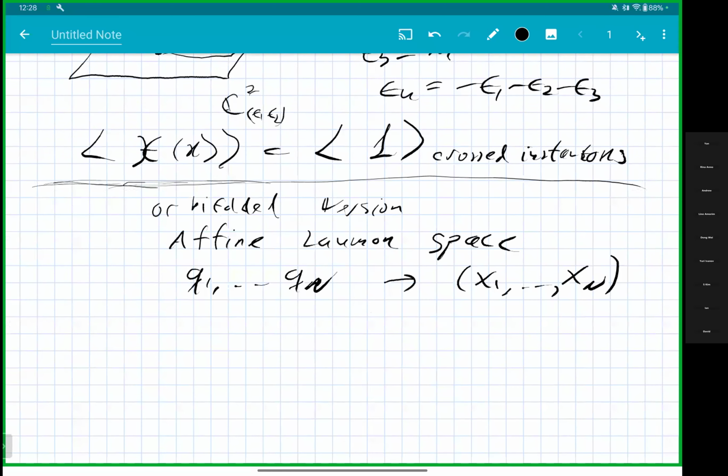And that's how we know that this spectral curve and its quantization is actually the spectral curve of the Calogero-Moser system. Okay, so that's the brief summary.